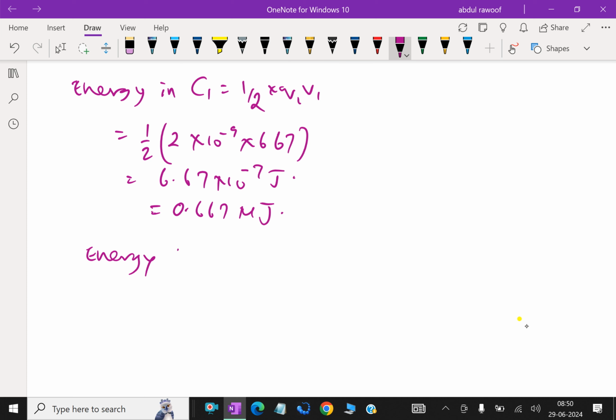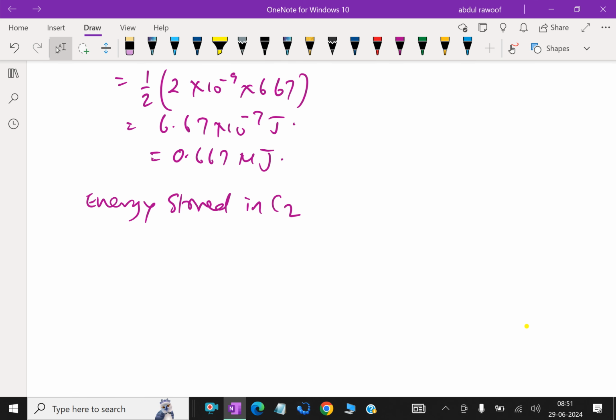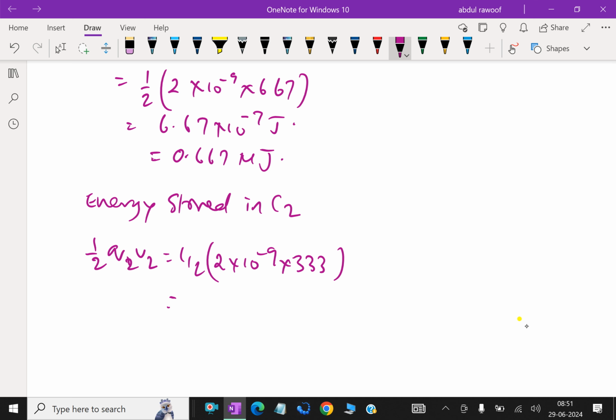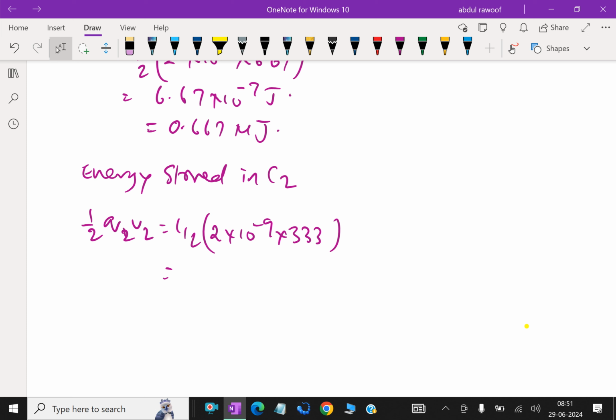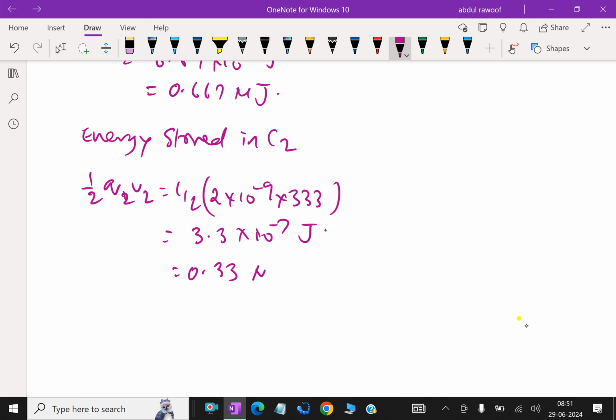Energy stored in the second capacitor, C2, equals half Q2 V2, which is half into 2 into 10 power minus 9 coulomb into 333 volts, which is equal to 3.33 into 10 power minus 7 joule, which is equal to 0.33 microjoule.